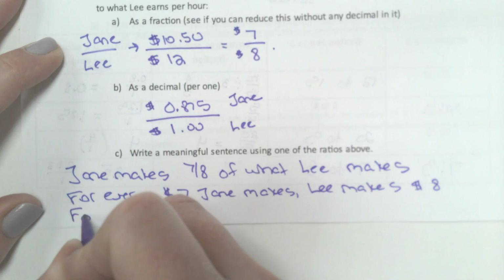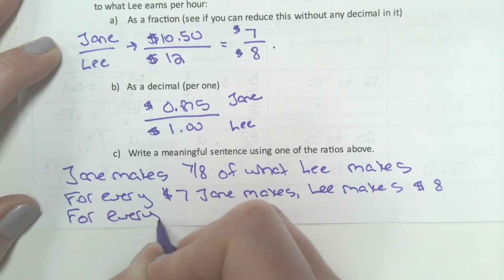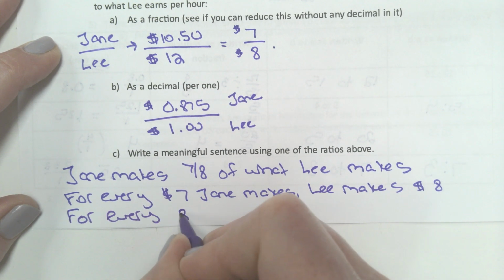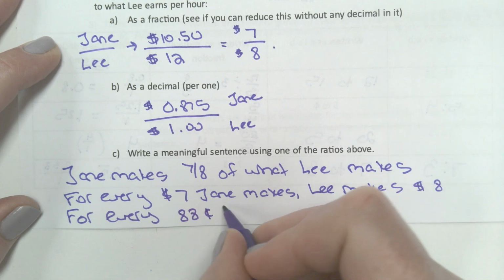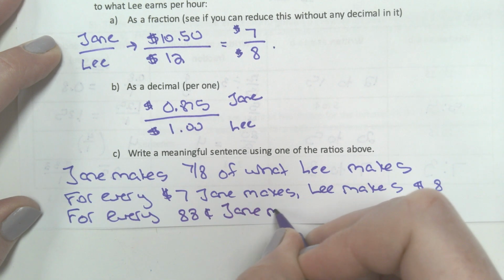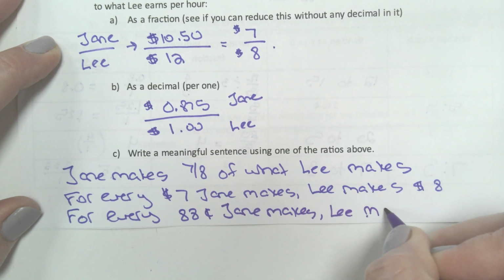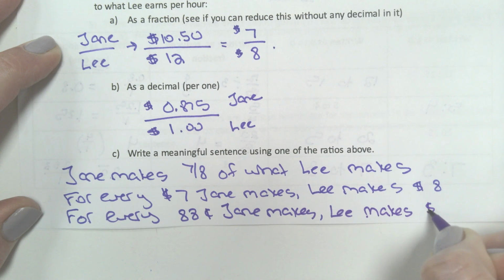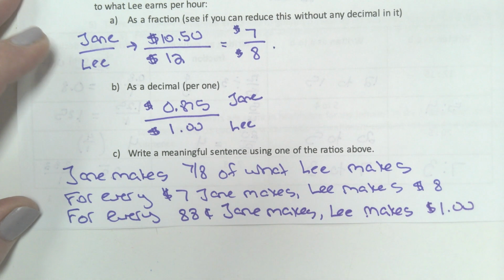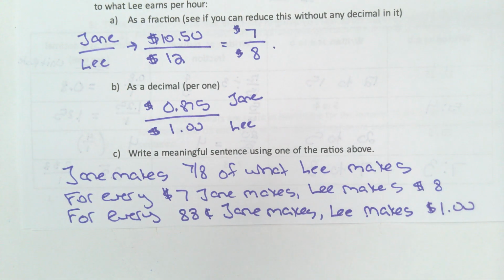You could say, for every 88 cents Jane makes, Lee makes $1.